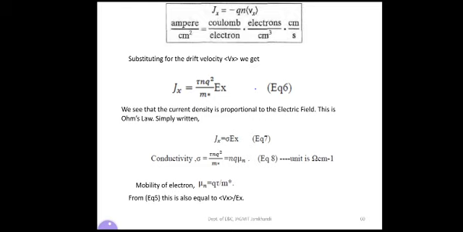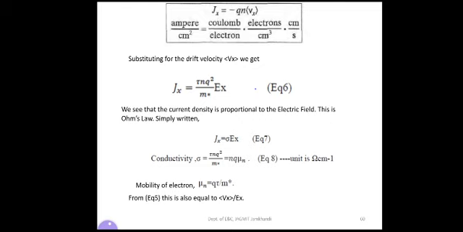The units can be written as follows. Current density Jx is in ampere per centimeter square. Charge q is in coulomb per electron, n, the number of electrons, is in electrons per centimeter cube, and the velocity is measured in centimeter per second.